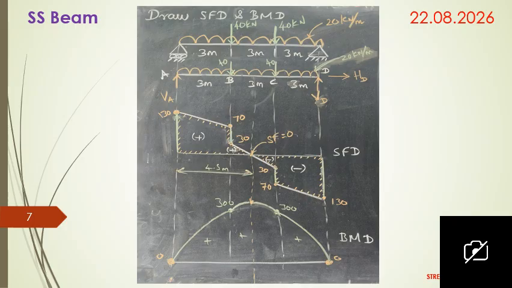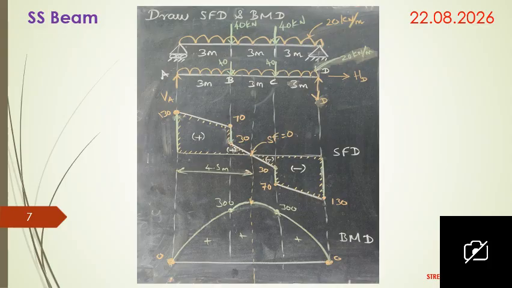The one concept that you have to keep in your mind: where the shear force value is 0, there the bending moment value will be maximum. Where the bending moment value is 0, there the shear force value will be maximum. That is, shear force and bending moment are vice versa. If shear force is maximum, bending moment will be 0. If the bending moment is maximum, shear force will be 0. This is the thing that you have to keep in your mind.